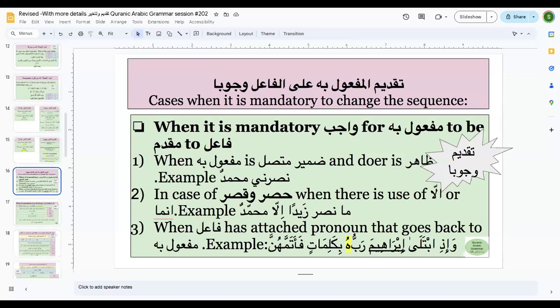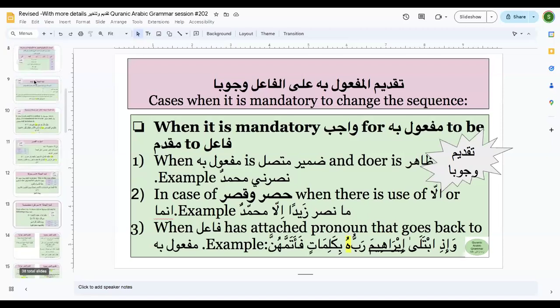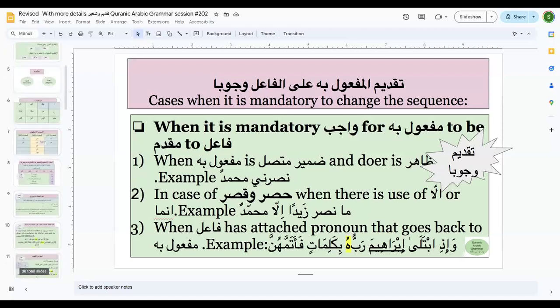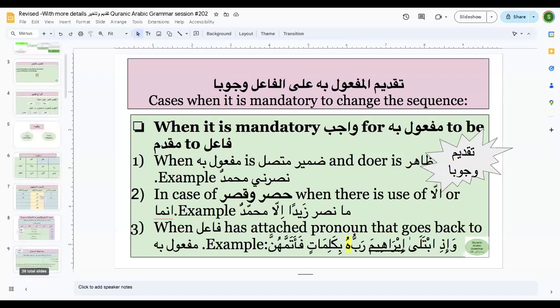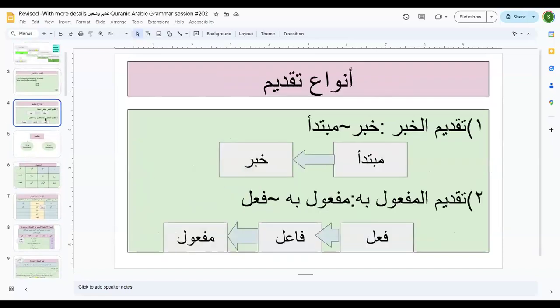Do we ever see taqdeem of maf'ul bihi over fail? In the order that I just showed you, you have been taught that there is going to be a fail, there is going to be a fil, and there is going to be maf'ul bihi. So now, if there is a change between fil and maf'ul, there is also a change in sequence.